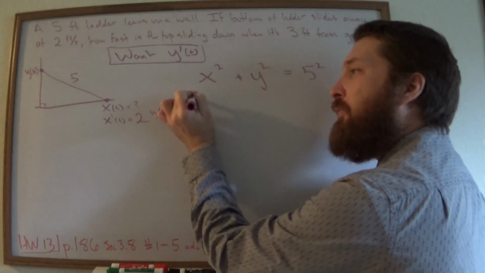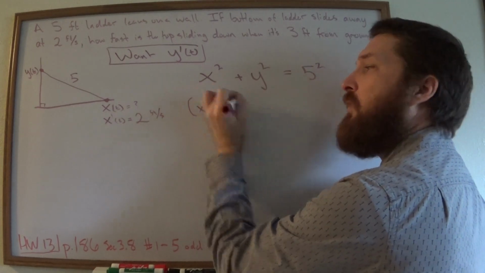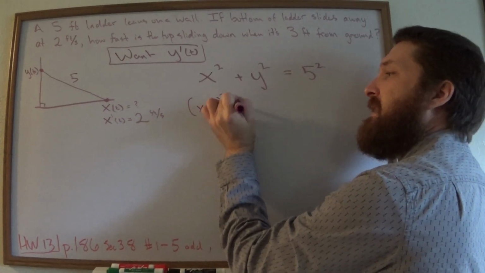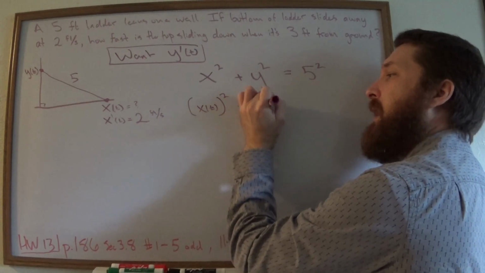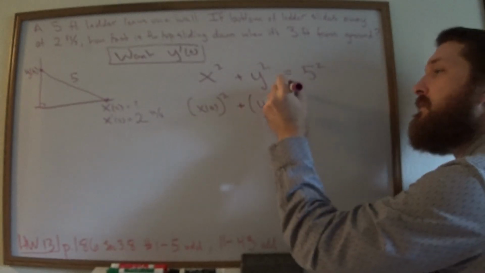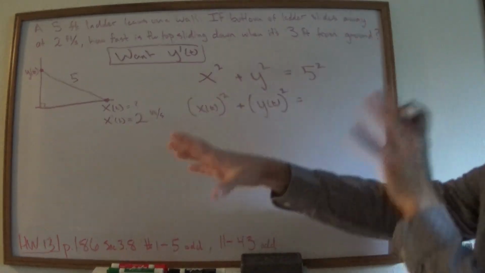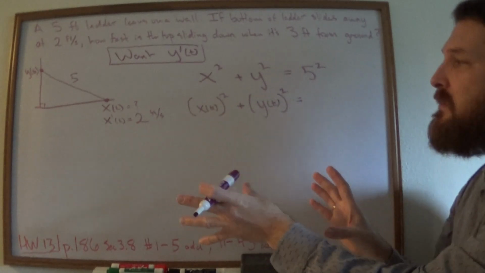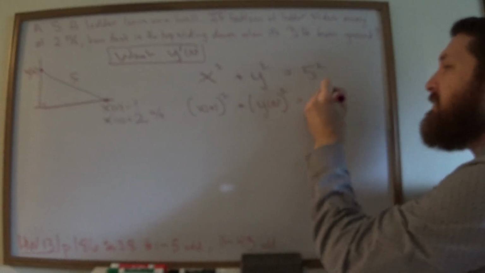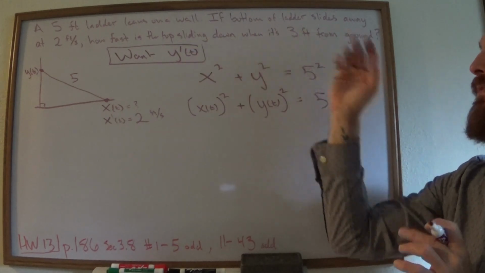But the principle is still the same. This is some function of t, we don't know what it is. Y is also some function of t, we don't know what it is. But again, it doesn't ask us to write an equation for y or an equation for x. We just want to find the derivative at a given time with given things.